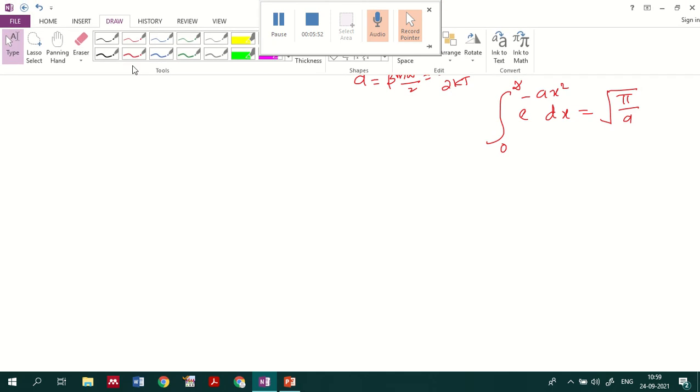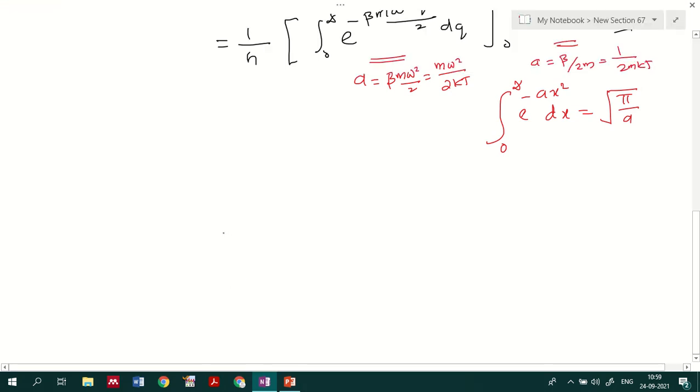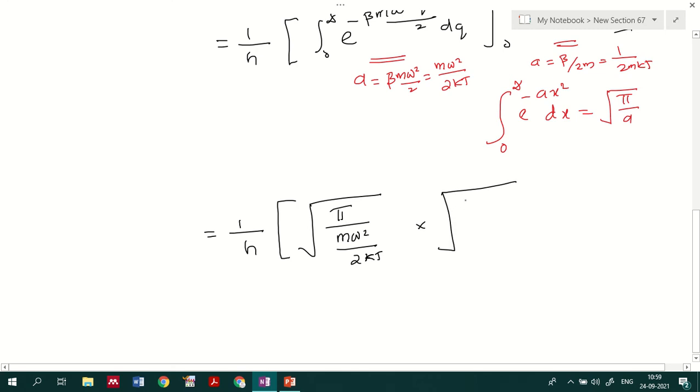Then the above equation becomes 1 by h into root pi by m omega square by 2 kT, into the next one, root pi by 1 by 2 m kT. Okay, now if I reduce this one, I'll have 1 by h.